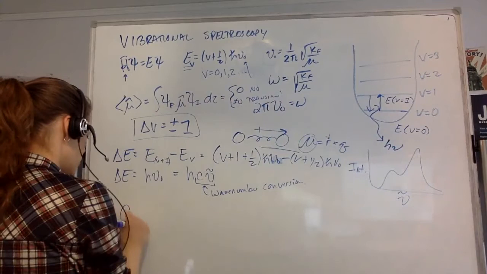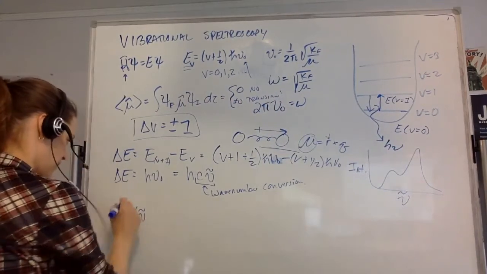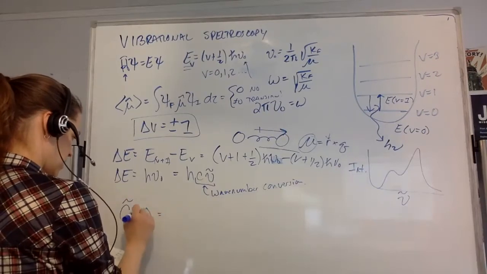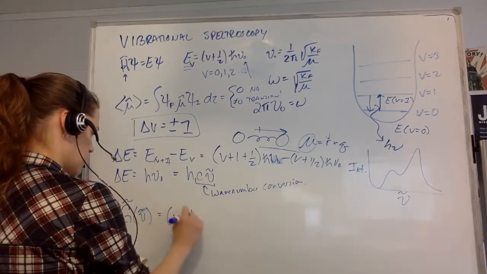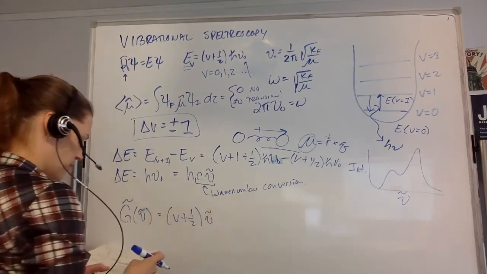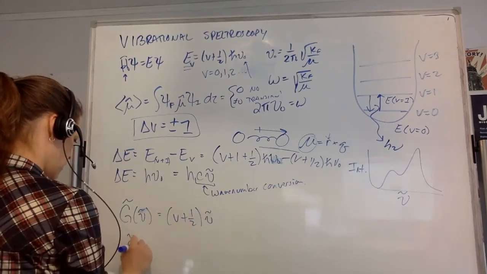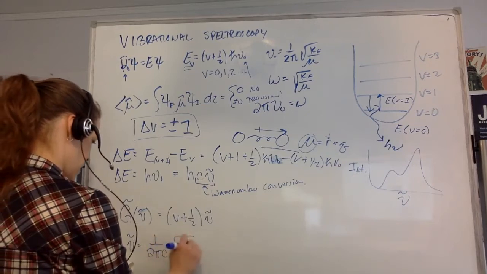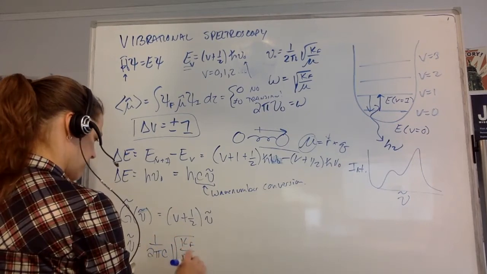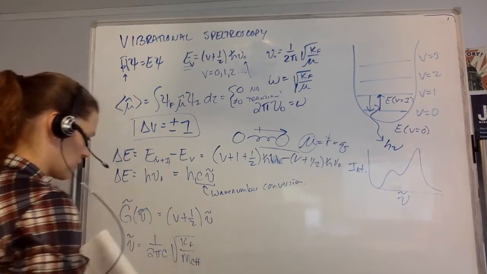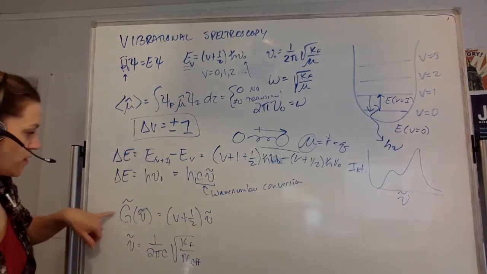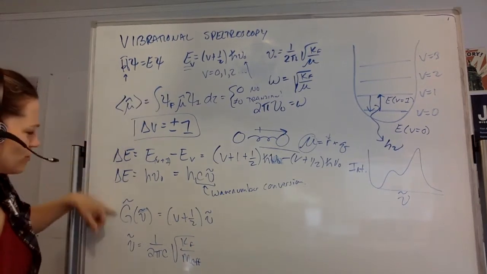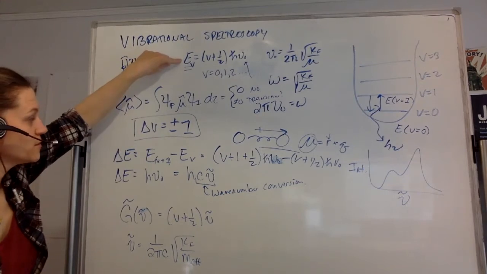So G(v) equals, actually it would be that, (v + 1/2) times the wave number, where the wave number is 1 over 2πc times the square root of kf over μ effective. Okay. So compare now your term symbol to your energy.